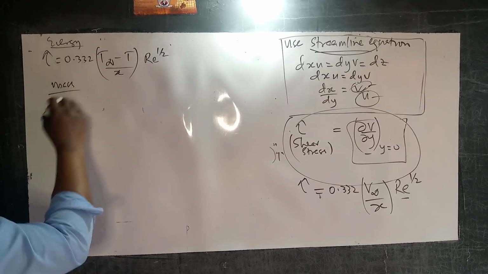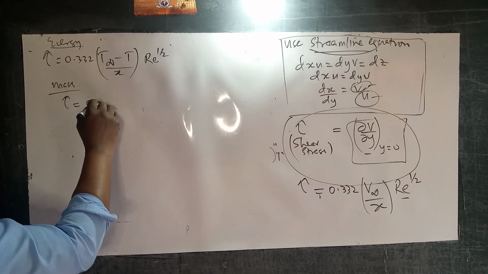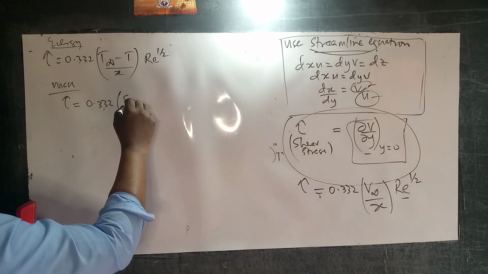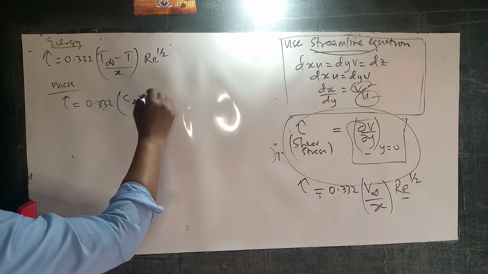And for mass, tau will be 0.332 times Ca infinity.